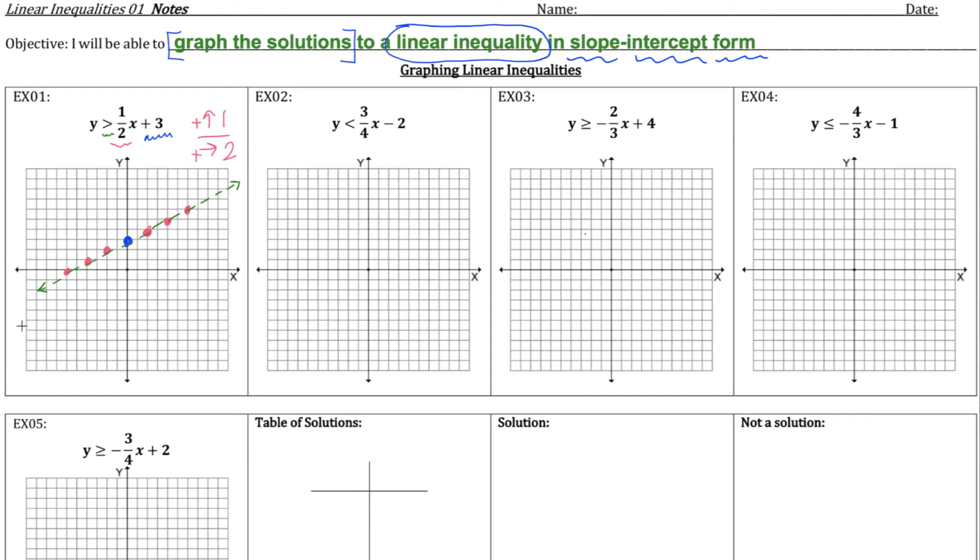Now, what this means is that, for instance, when x is 4, y has to be greater than 5. When x is 4, 1, 2, 3, 4, y can't be 5. It can be this, or this, or this.